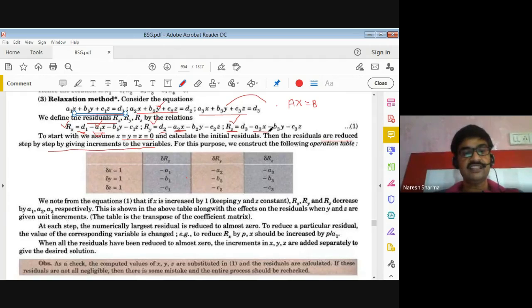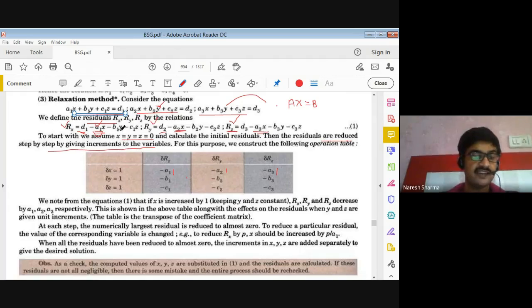So by this we can try to decrease this, right? So if you see here, when x changes, rx is decreased by a1, so we may write here minus a1, and ry is decreased by minus a2, rz is decreased by minus a3.